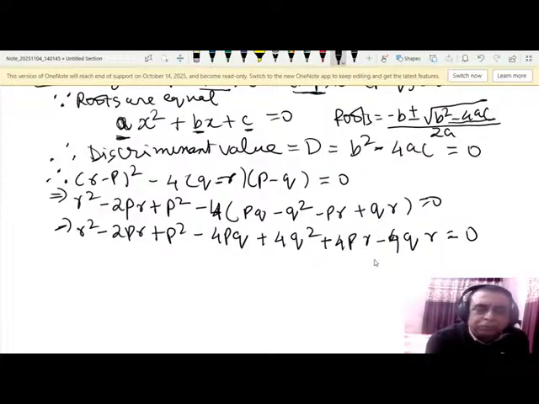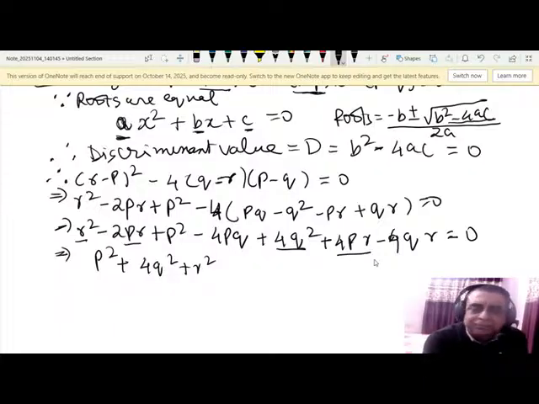Okay, now you further simplify it. Here we are writing p squared plus 4q squared plus r squared, and here minus 2pr and plus 4pr.